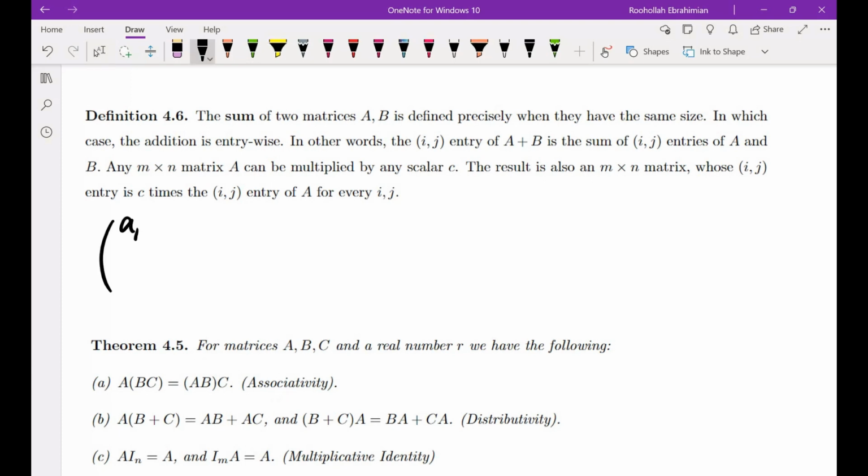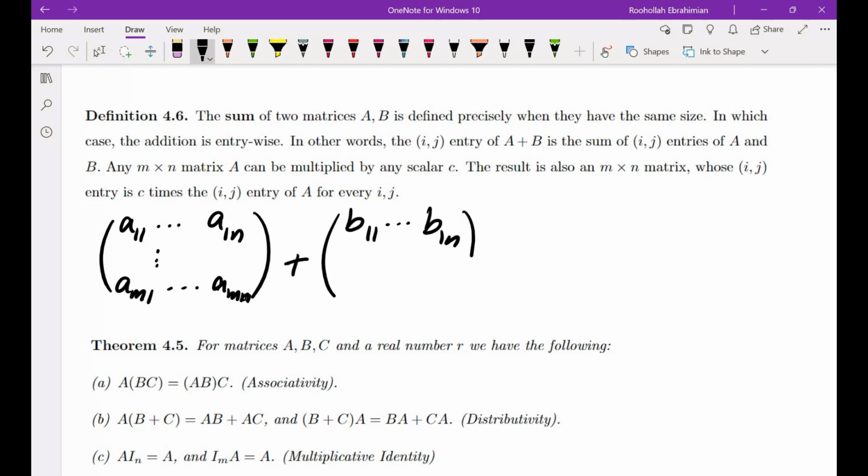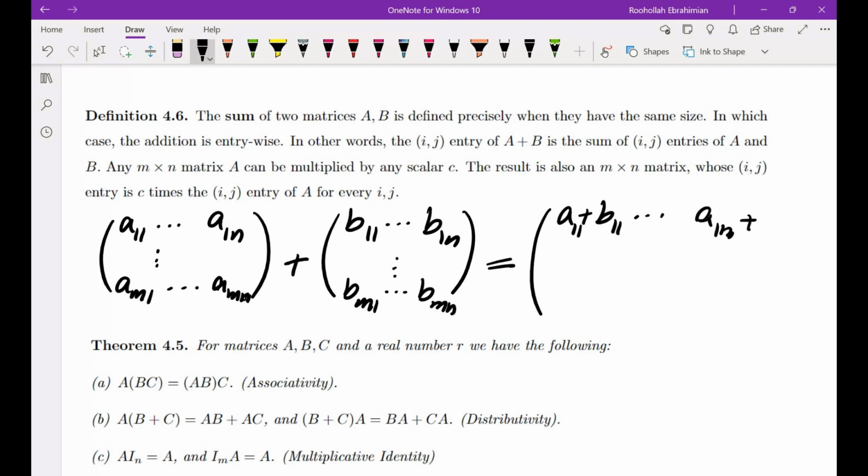So if you have a matrix A11 through A1n, down to Am1 through Amn, that can be added to another matrix B11 through B1n, down to Bm1 through Bmn. And the way it's added is every entry is added to the corresponding entry. So A11 plus B11 all the way to A1n plus B1n, and so on. So that's how we add two matrices.